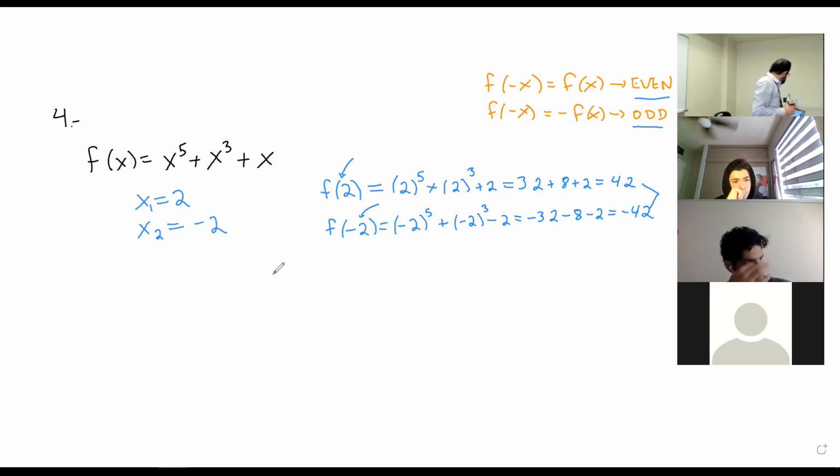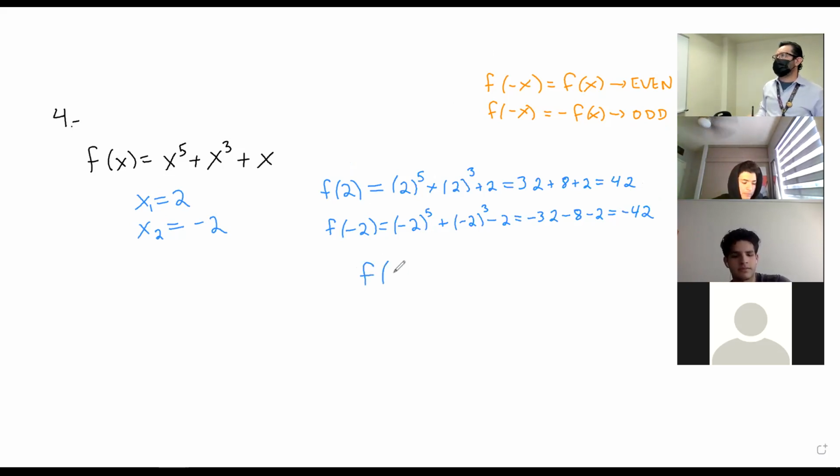So this function is odd, because f of minus x is equal to minus f of x.